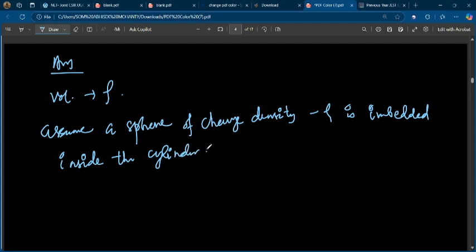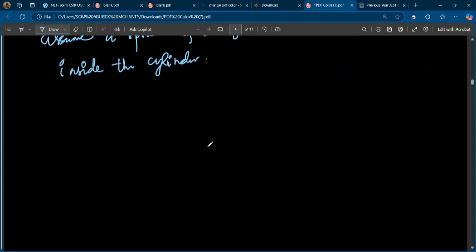So the electric field outside the long cylinder at distance r will be what? Outside the long cylinder, what is the formula?